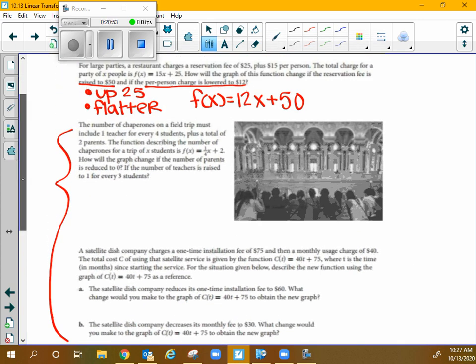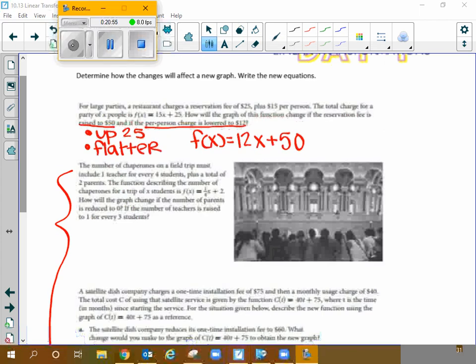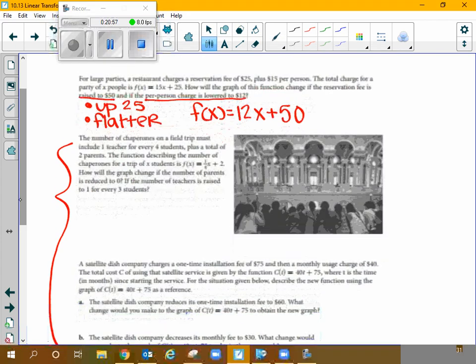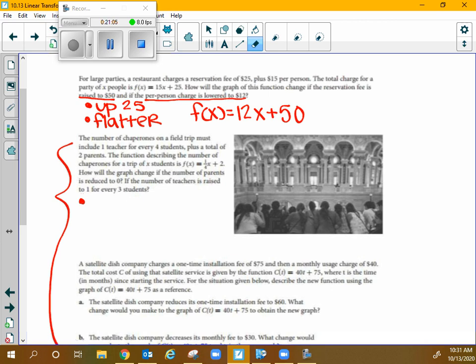Yes, I'm going to go back up. How many transformations? 2. Flatter. Wait. It's steeper. It went from 1/4 to 1/3. Steeper. Down 2.